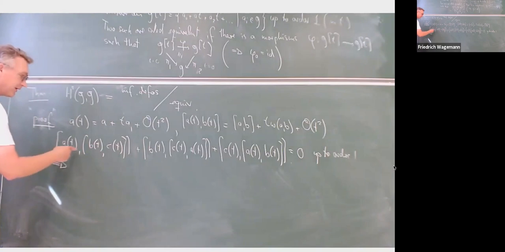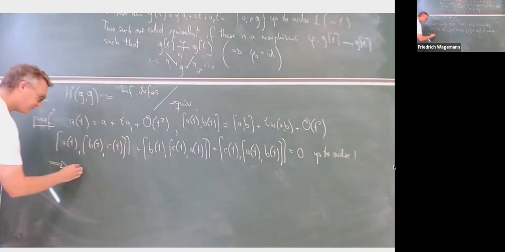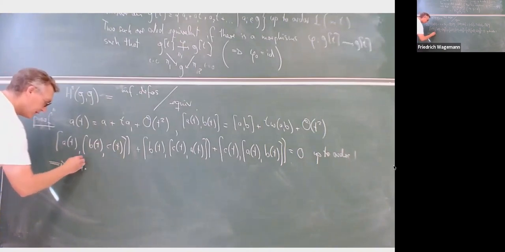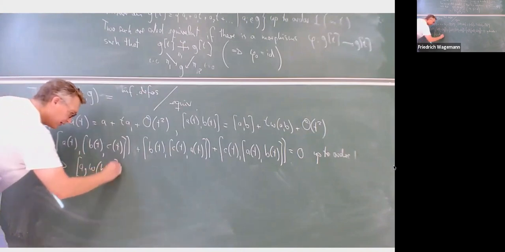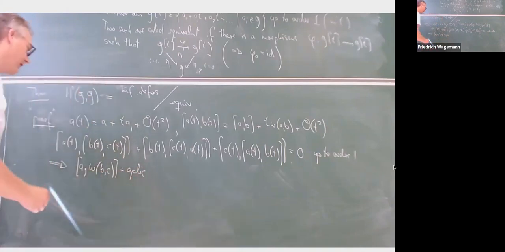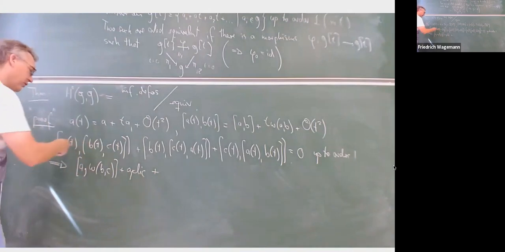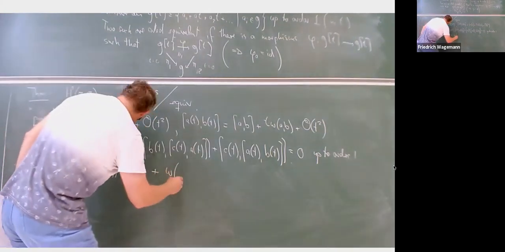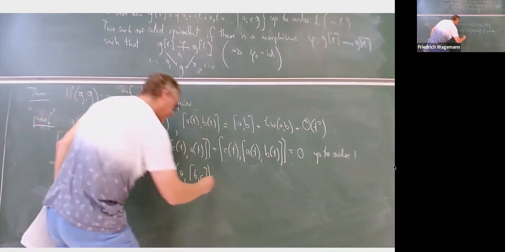Either you take the omega term here, then you get the action a dot omega(b,c) plus cyclic, or you take the omega term there, then you have to take the bracket here, omega(a,[b,c]) plus cyclic.